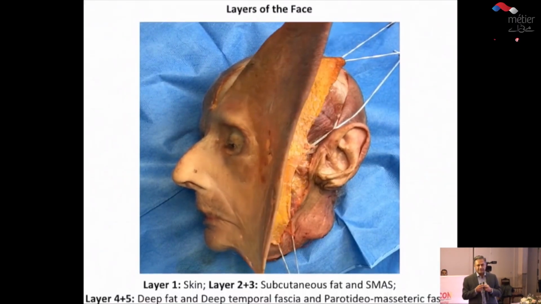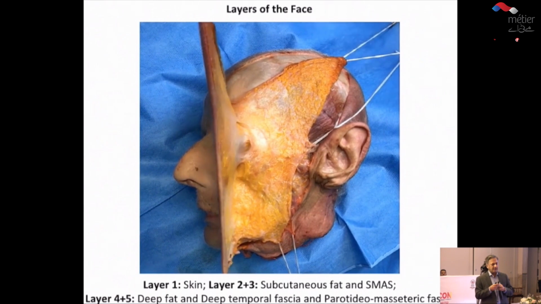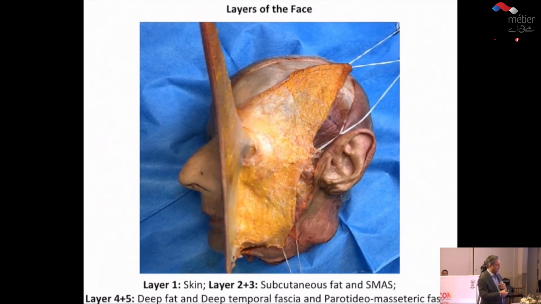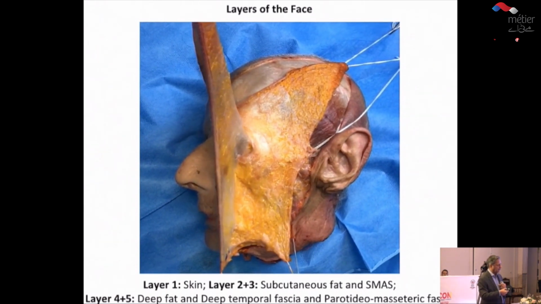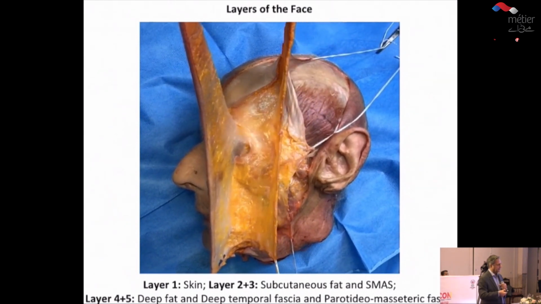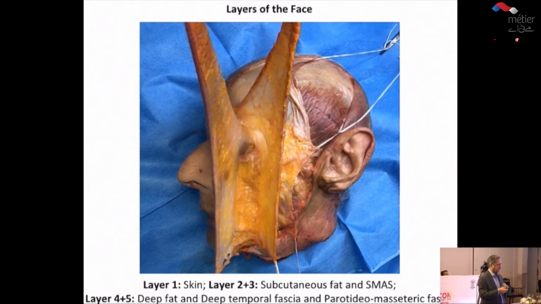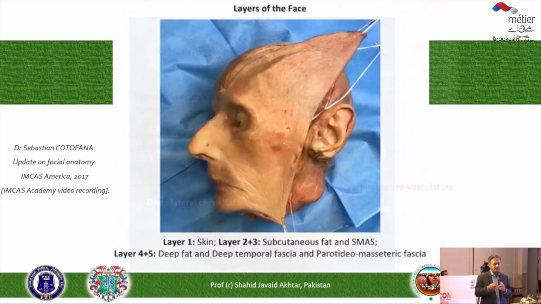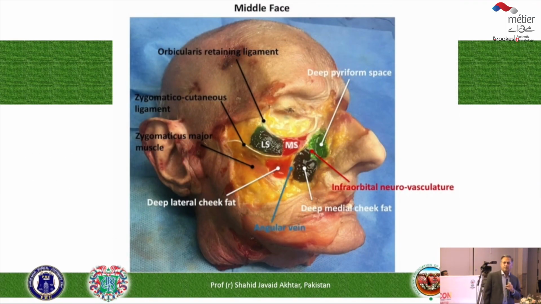Again, the cadaver dissection shows the layer structure of the face: the skin, along with the subcutaneous tissue, then the SMAS with the overlying superficial fat, and deep to that is the deep fat. These are the compartments of the deep fat.